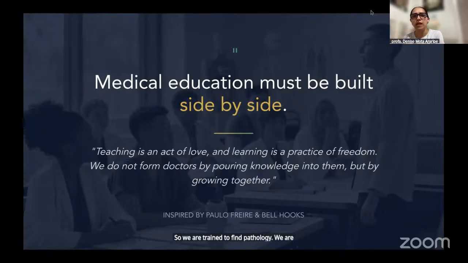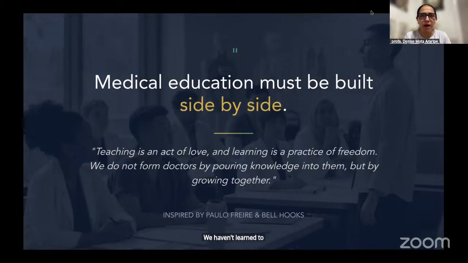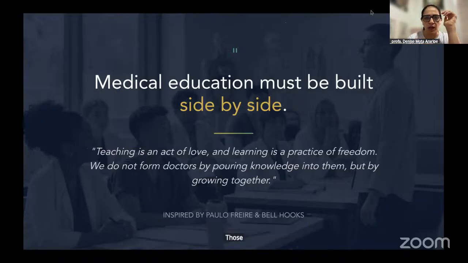We are trained to name disease. But sometimes, often, the body is speaking a language that we haven't learned to listen to. The body will express psychological distress, emotional burden, existential suffering. When we are able to recognize this, we will begin to practice real medicine.